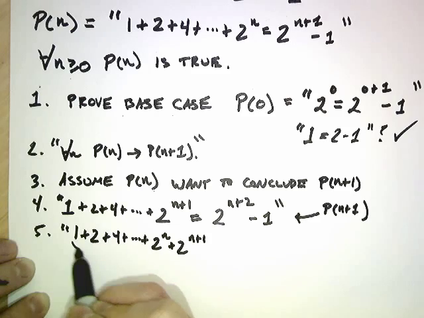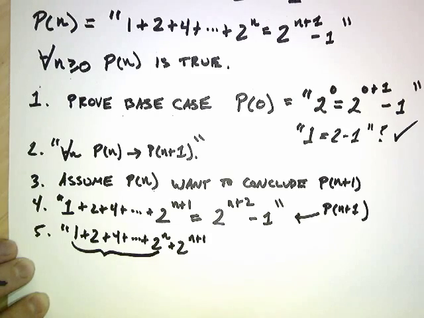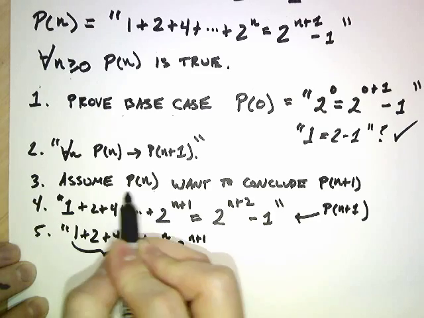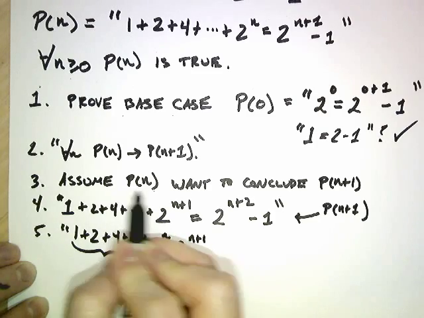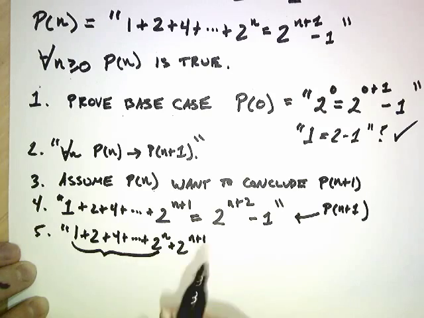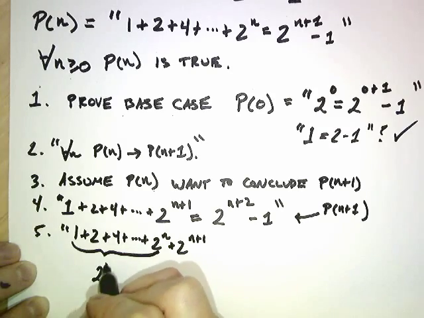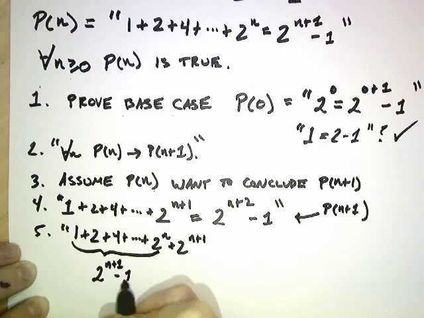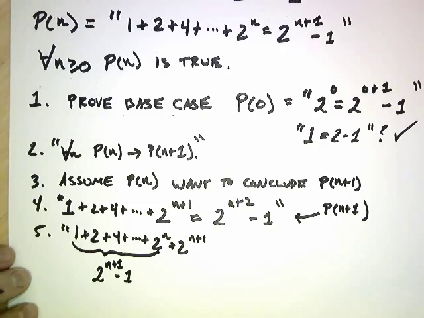But notice that this 1 + 2 + 4 all the way to 2^n, because we've assumed that P(n) is true, we know that this equals 2^(n+1) - 1. These first n terms, when we sum them up, equal 2^(n+1) - 1.